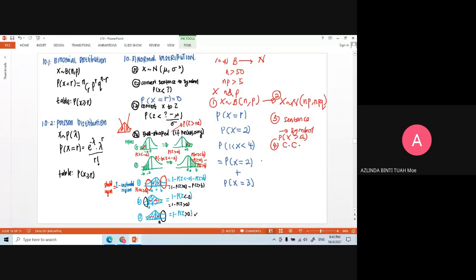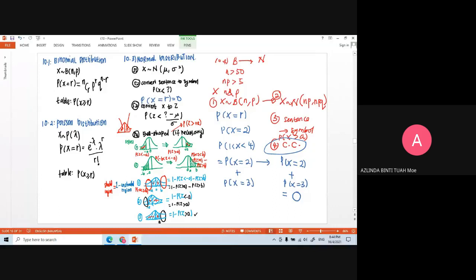Okay, kalau saya convert pergi ke normal, sekiranya tidak wujud continuity correction, bila saya dah tukar pergi normal, continuity correction diabaikan, jawapan dia akan sentiasa kosong. Sebab dalam normal, P(X equals to 2) adalah 0.